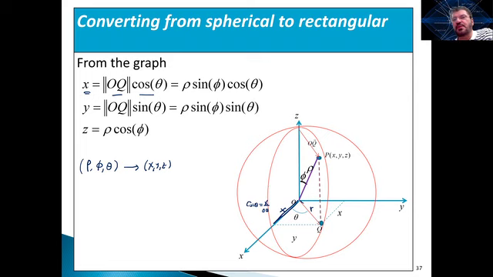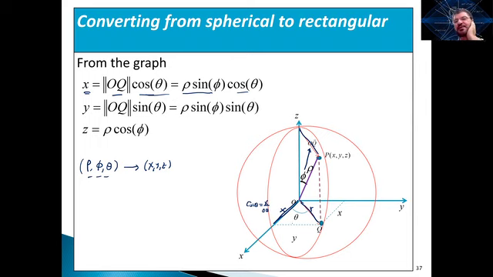But what's OQ? This one is OQ, the same as that one, and this is opposite to phi, so it's sine phi. It's rho sine phi. So x here is going to be rho sine phi cosine theta. If you have rho, phi, and theta, you can find x by using this formula.